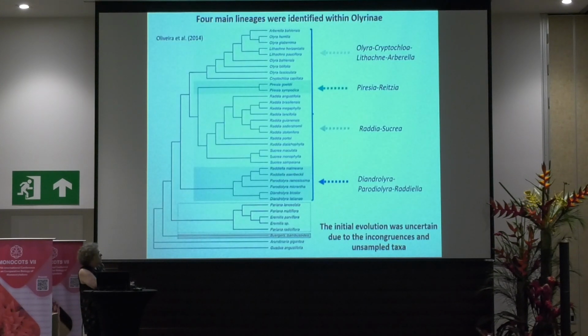This shows it a little more clearly. And also you can see that within the Olyrinae, which has the most species, there's kind of 4 main clades there. We still had a lot of questions about what was going on in some of these relationships within each subtribe, and still not completely understanding, especially how the morphological variation was mapping to this.